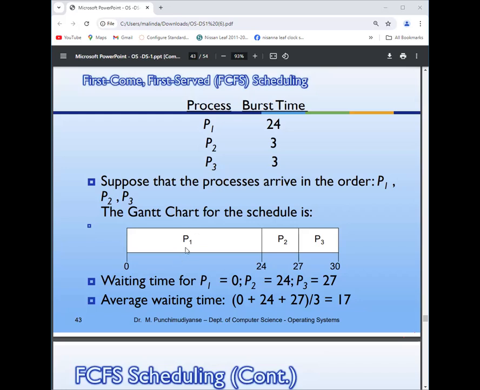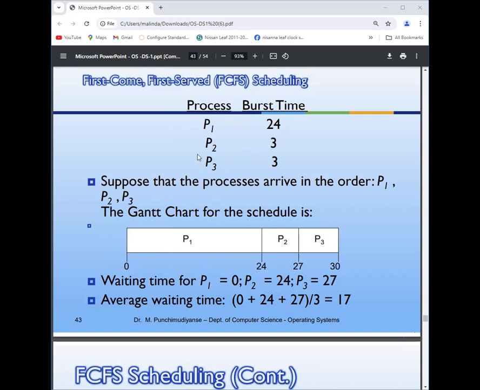For P1, it came first and it has been given time first. So as soon as it came to the queue, it gets the CPU. So P1 hasn't waited for any milliseconds. So P1's waiting time is 0, right? Then P2 came second at 0 milliseconds, but P1 already came.